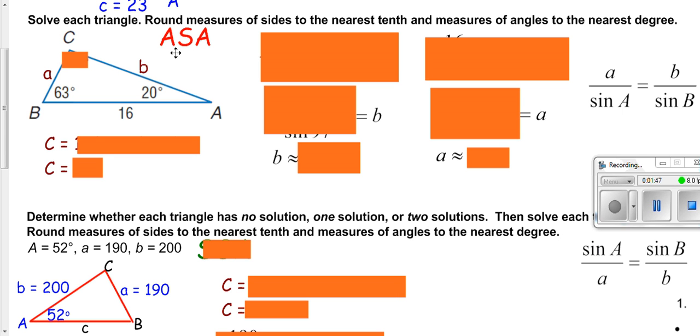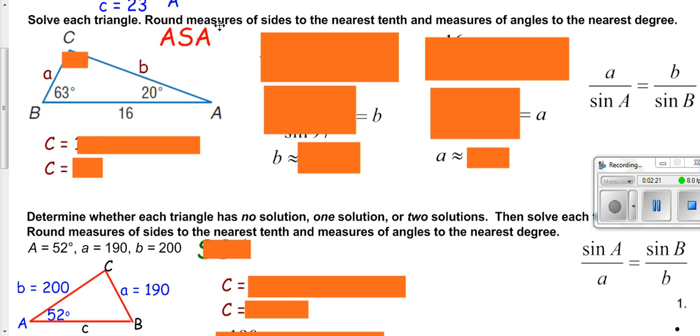If it's any of the ways that we prove triangles congruent back in geometry, side, angle, side, angle, angle, side, side, side, side, or in this case angle, side, angle, those always prove triangles congruent, meaning there's only one option for your triangle. So we don't have to be concerned about having two triangles formed in this situation because it's a congruency theorem from geometry, which is only one triangle.